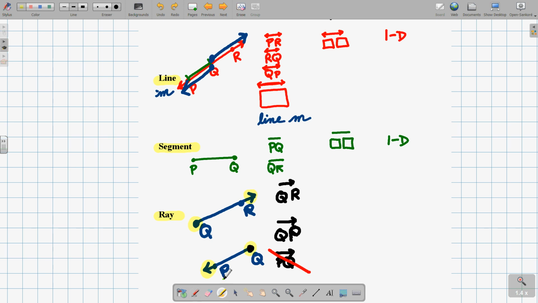Why? Because the very first letter in the symbol must be the endpoint. And if you put P first, P is an arrow point. So you start with the endpoint. That's super important when you're doing rays. So a ray has two letters with a little ray, but that first letter is the endpoint, and the second is the arrow. Doesn't matter whether the arrow goes right or left. Rays, like segments and lines, only have a length, one dimension.